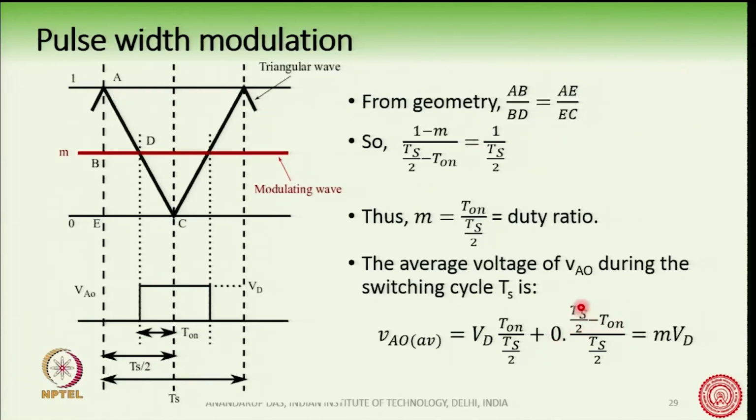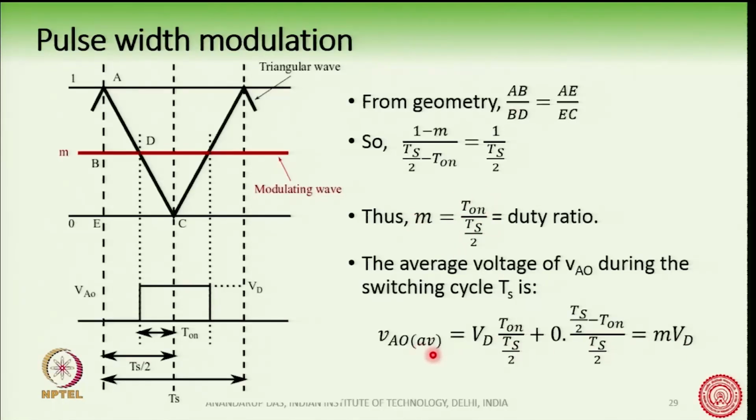So 0 into Ts by 2 minus T on is the duration for which the 0 voltage has been applied over a time period of Ts by 2. Now VAO average is equal to Vd into T on by Ts by 2, and this T on divided by Ts by 2, which we derived earlier, is equal to m.